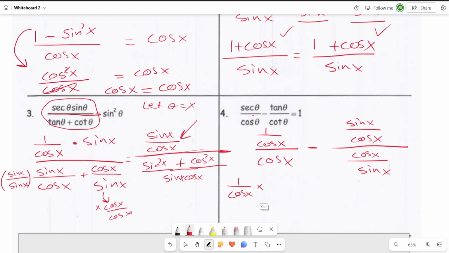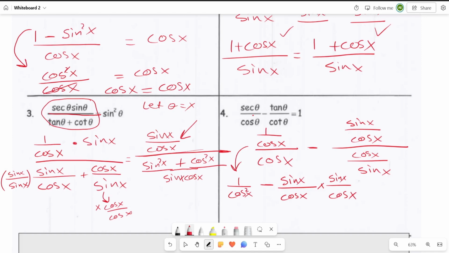So this is going to give me 1 over cosine squared x, this part, and then minus, I will do the same here, so I will do sine x over cosine x dividing this denominator, which is the same as multiplying the reciprocal. So I will multiply the reciprocal, which is sine x over cosine x.